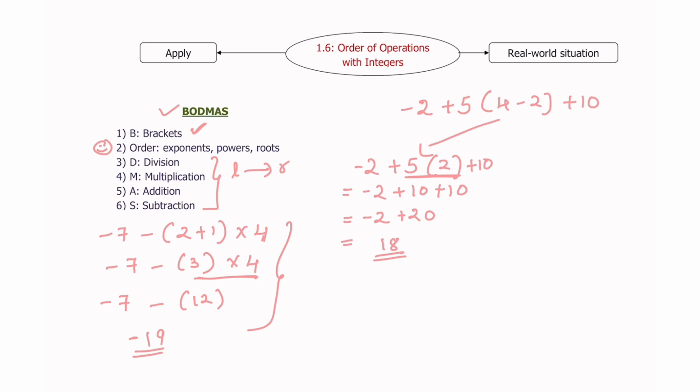Let's do this using the distributive property over here. I'm going to rewrite my equation first. -2 plus 5 times (4 minus 2) plus 10. In the distributive property, what is outside the bracket is multiplication, as we did here, so I'm going to multiply it with this and this also.